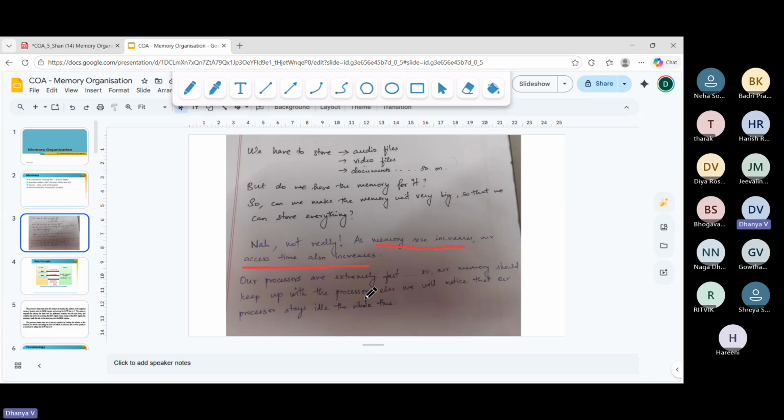You should design your memory unit so that there is faster access time also. That is the aim of learning this chapter. We'll see how the memory units are designed, how each of them turned up, and why each of them is better than the other, and so on.